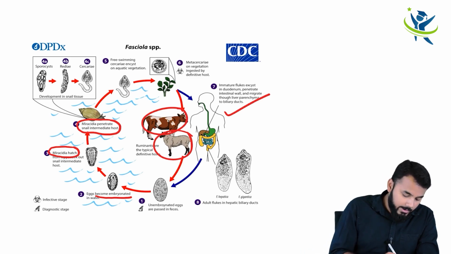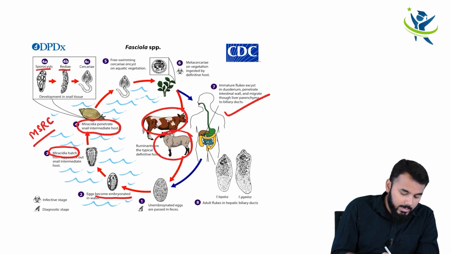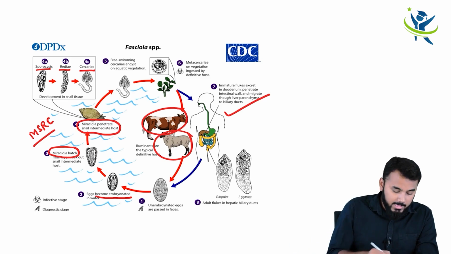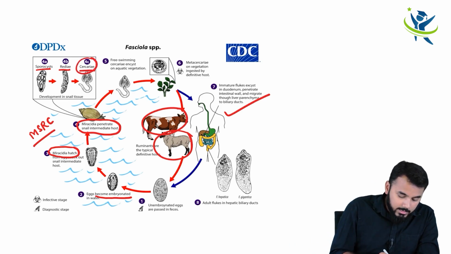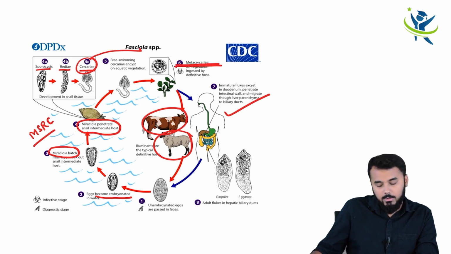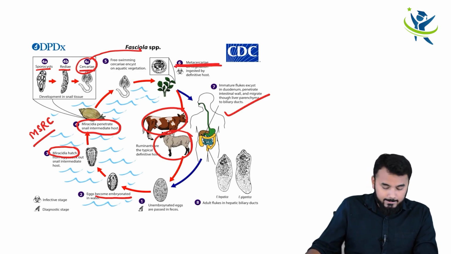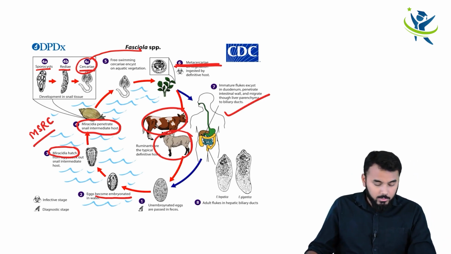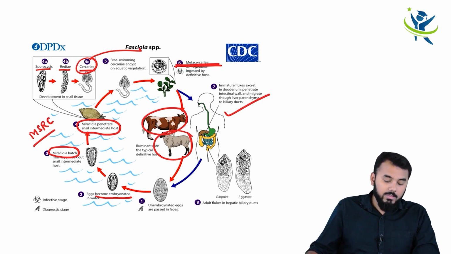Within the snail, I told you MSRC: miracidia converting into sporocyst, sporocyst to rhedia, and rhedia to cercaria. This cercaria will develop a cyst around it, and that is called metacercariae. So this is the standard chart of life cycle given by the CDC, and this is worldwide accepted. This is all you need to know regarding the Fasciola hepatica.